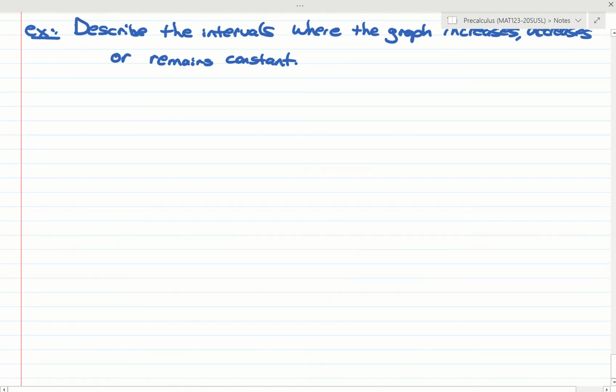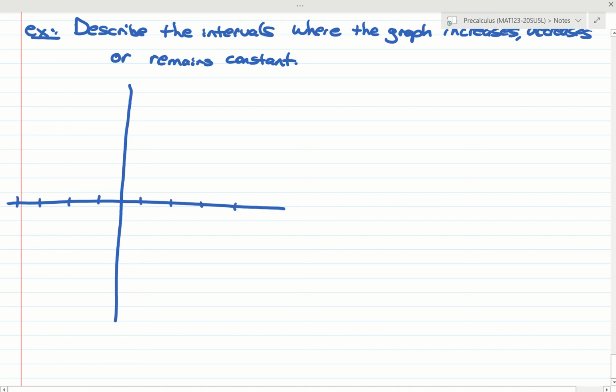So let me come up with a graph here. And I'll put a point maybe at -3. I'll just put some points for my own reference.